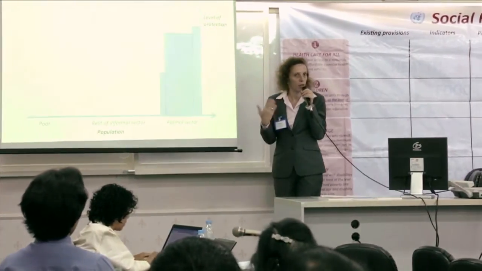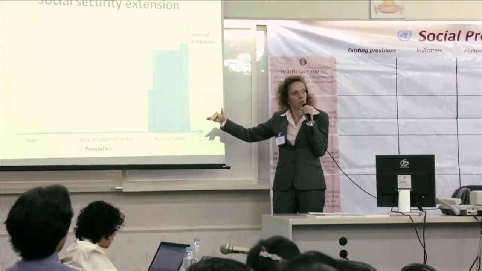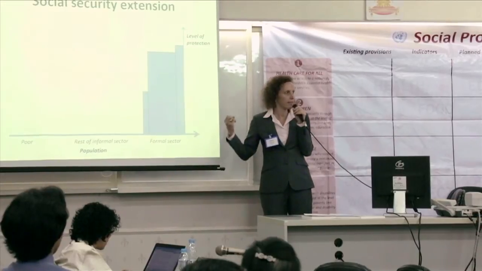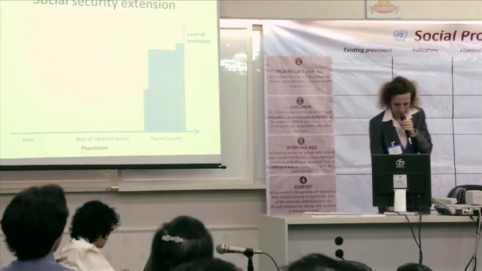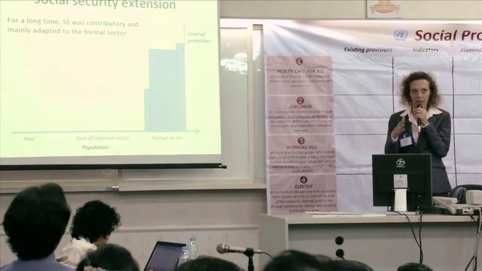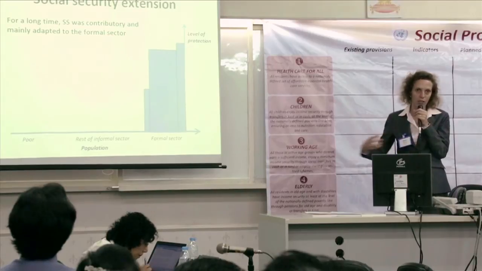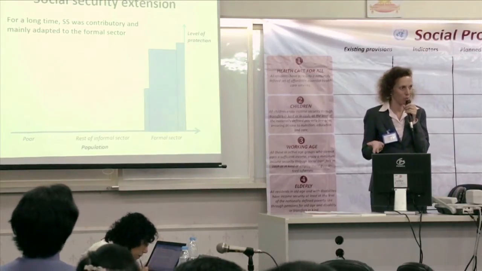And also in the countries where the bars are not very high, continuing to reinforce existing schemes so that they provide higher levels of benefits. This is the idea of extension. So there are two dimensions in the extension, a horizontal dimension covering more people and a vertical one providing higher levels of benefits.